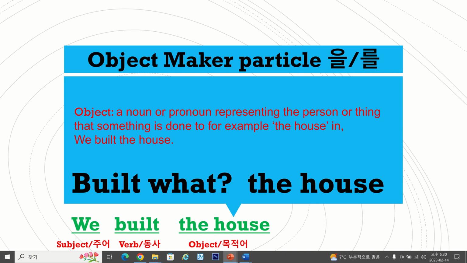As you know, the definition in an English dictionary: an object is a noun or pronoun representing the person or thing that something is done to. For example, in "we built the house," built what?